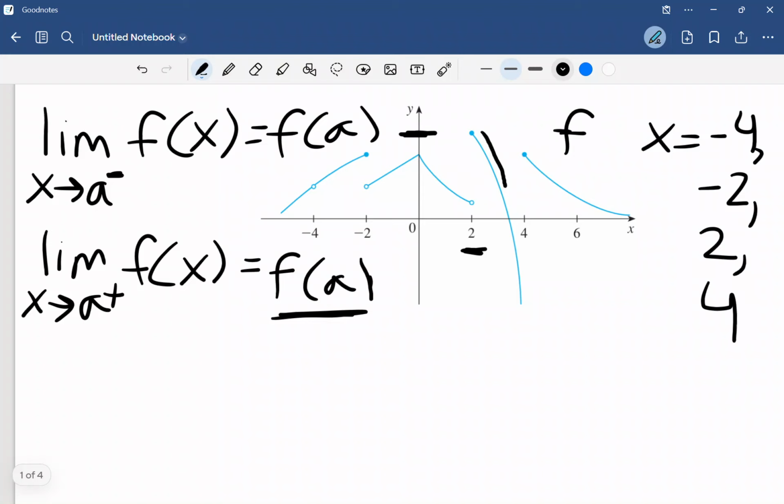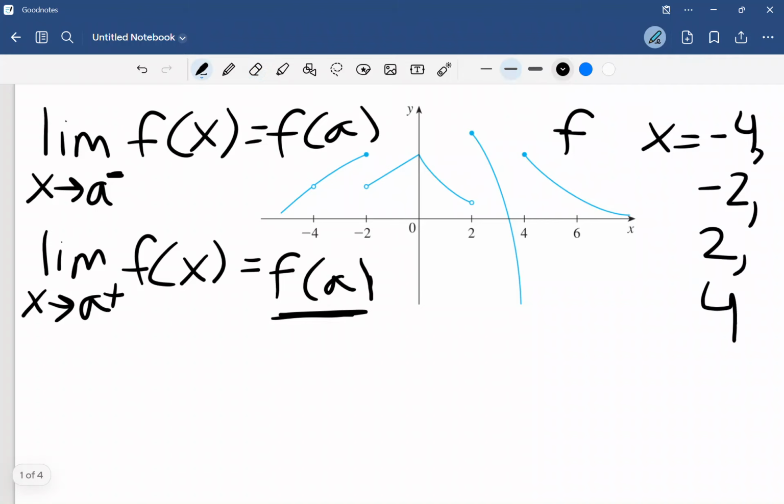On the left-hand side, we can see that the limit approaches this value over here. But that's not equal to f of a. f of 2, where a is 2, is equal to this value over here. So at x is equal to 2, the function is continuous from the right-hand side only.